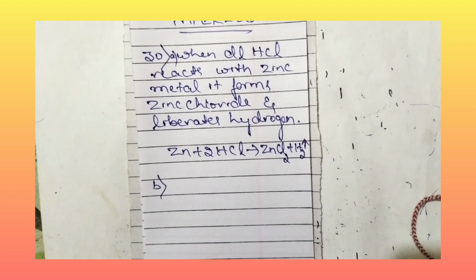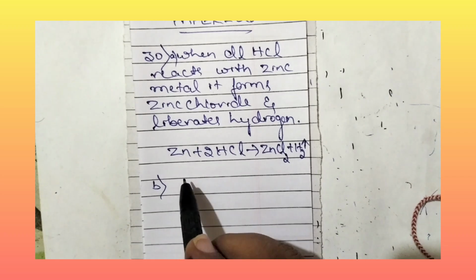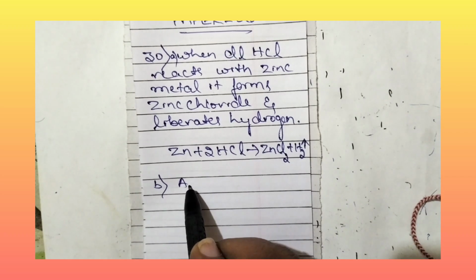Second question: how do you show that aluminium oxide is an amphoteric oxide?